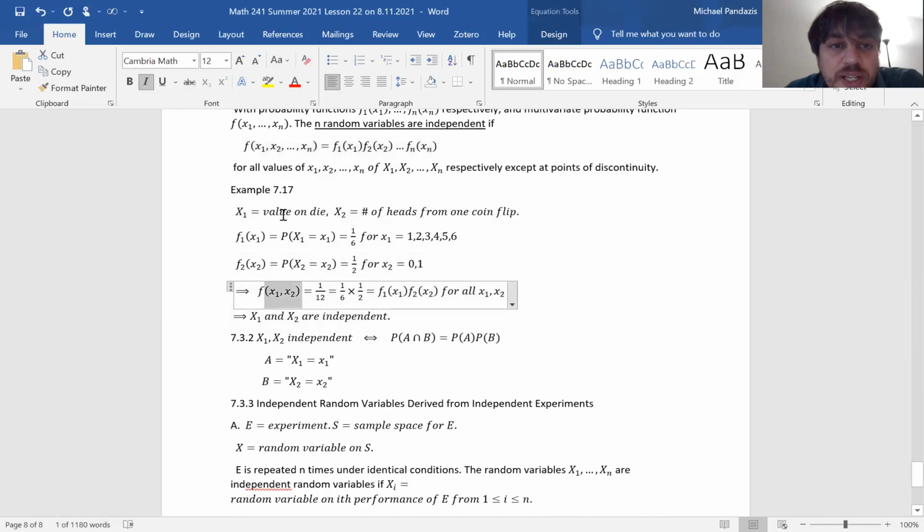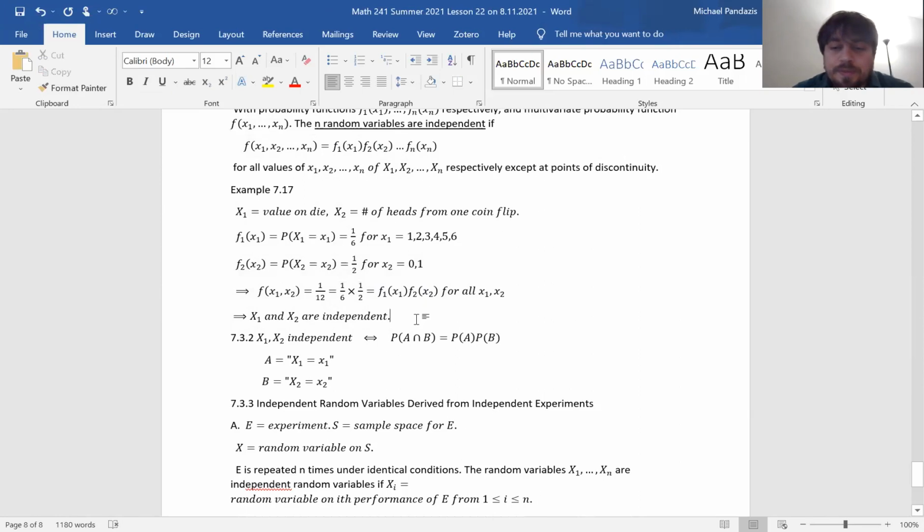So we get f of x1, x2 is equal to f sub 1 of x1 times f sub 2 of x2. We stop at the first 2 because there's only 2 variables in this problem. If there were 3, then we would have a product of 3 things equal to f of x1, x2, x3. So that implies X1, X2 are independent by definition.